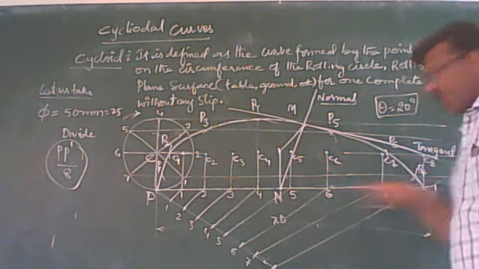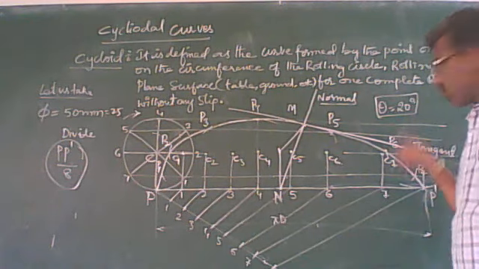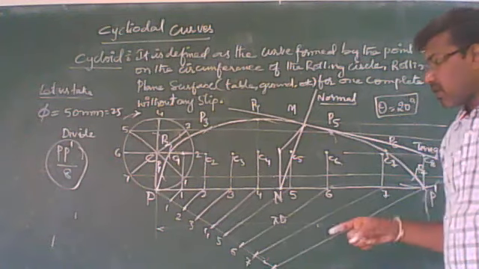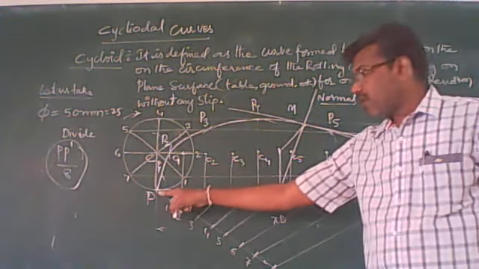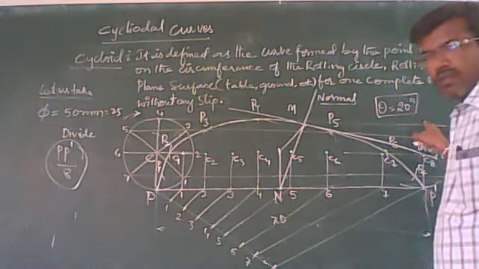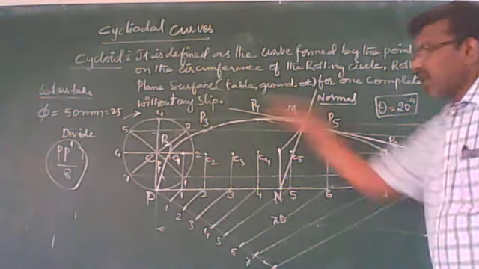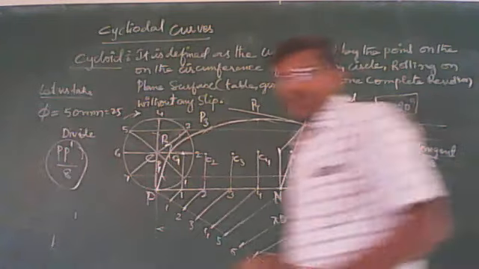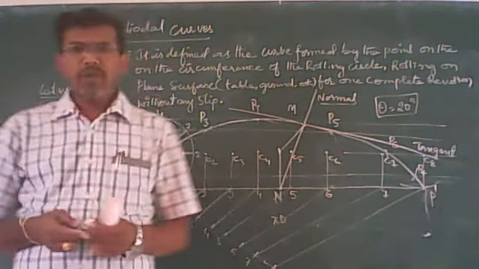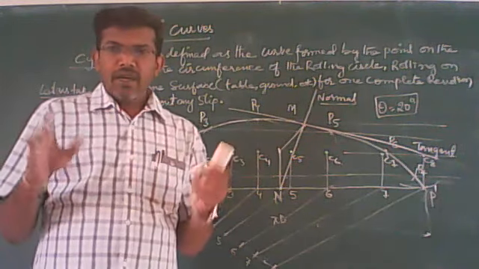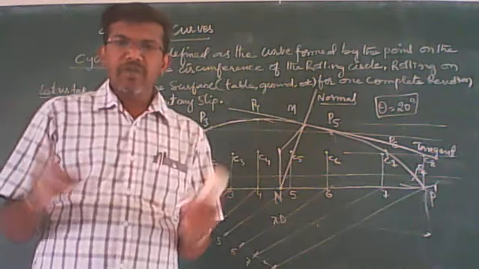So now this is a plane line. You take this point, and you draw a line at 20 degrees. Then after that, the construction procedure is the same. So whatever the problem is given, just try to understand and give the solution perfectly.